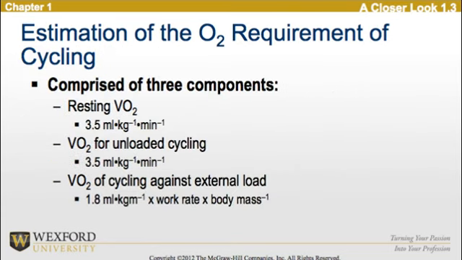Now if we transition to the estimation of the O2 requirement of cycling, that's going to be comprised of 3 different components. The first is the resting VO2, which is 3.5 milliliters per kilogram minute. The second is the VO2 for unloaded cycling, which is again 3.5 milliliters per kilogram minute, and the third is the VO2 of cycling against an external load, which is 1.8 milliliters per kilogram meter times the work rate divided by the body mass.